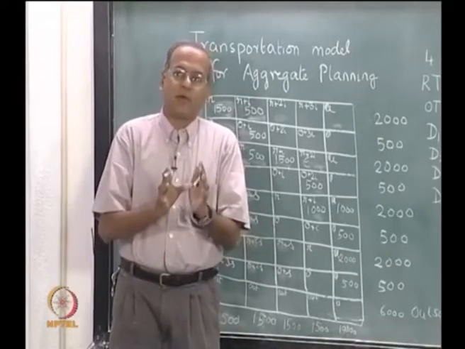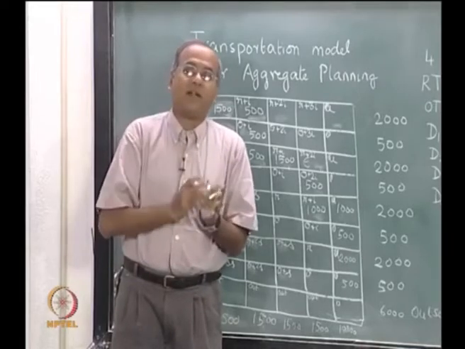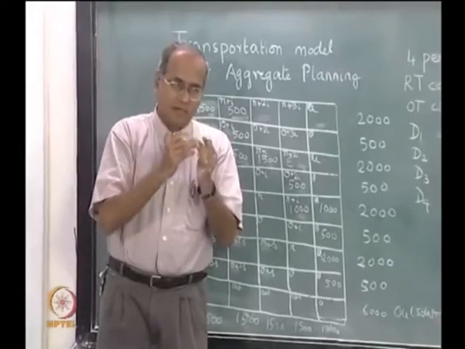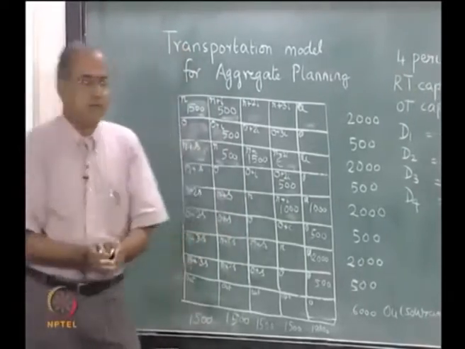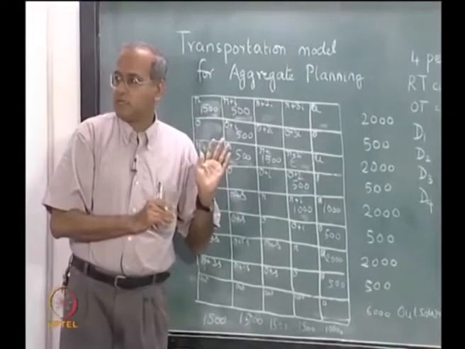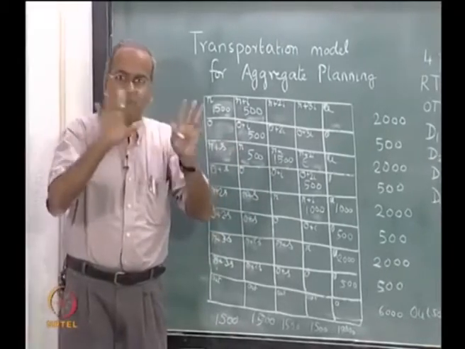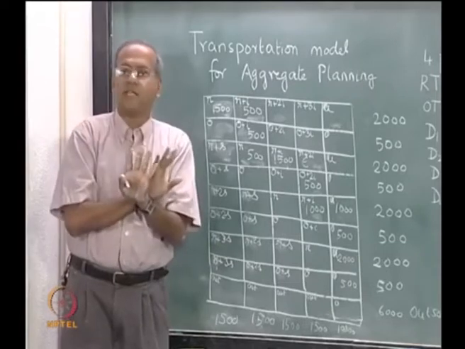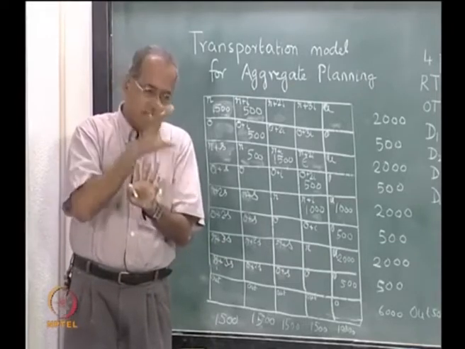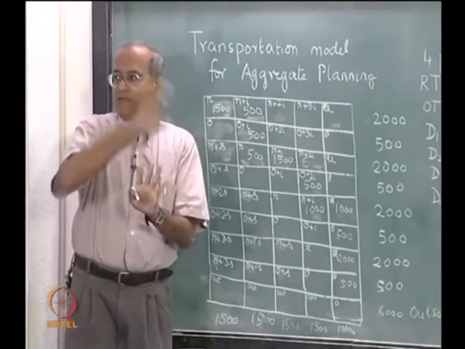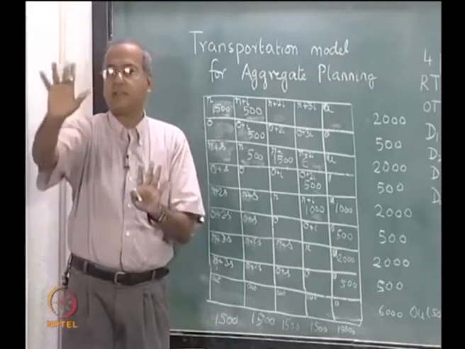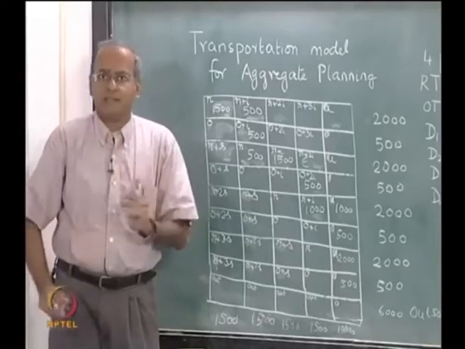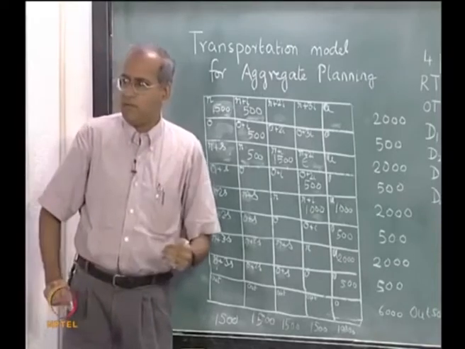But linear programming has the additional advantage of being able to model hiring and laying off, which we will not be able to do in the transportation. So, under the same set of assumptions, wherever the problem it is possible to solve using transportation, then the same solution we will obtain if we solve by linear programming under the same assumptions. But LP model is little more versatile than the transportation model.